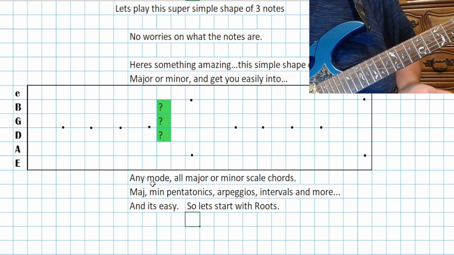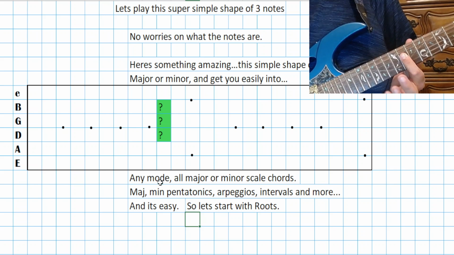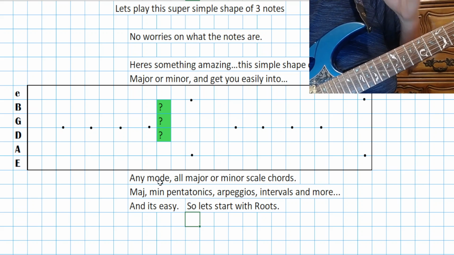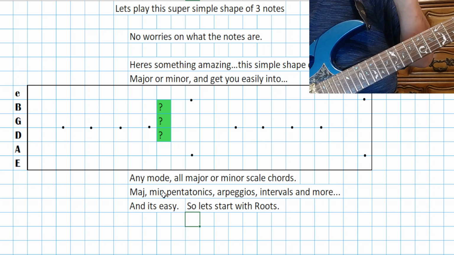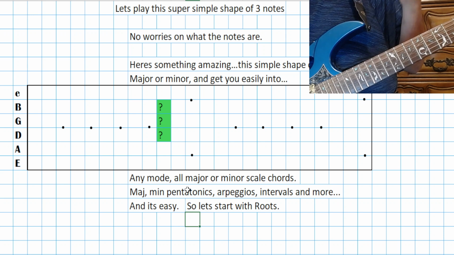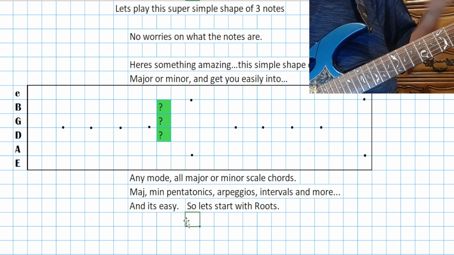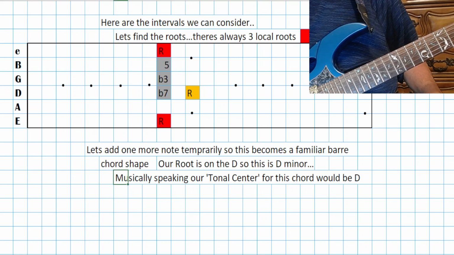But the cool thing is, we're going to show you through this lesson how you can build this simple 3-note shape into any mode, major or minor. We're going to get to relatives, like relative major and minor, and pentatonics, arpeggios, intervals, and more. And it's easy. So let's start with the roots and get going.